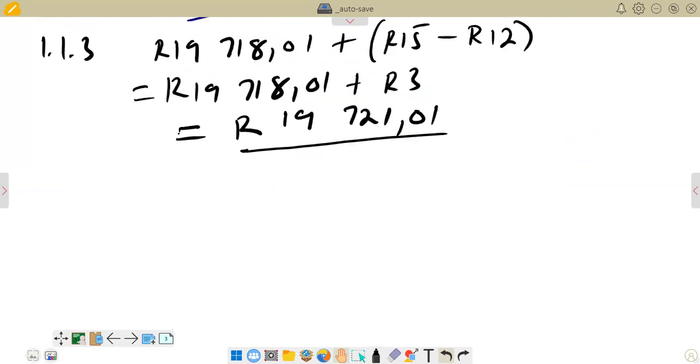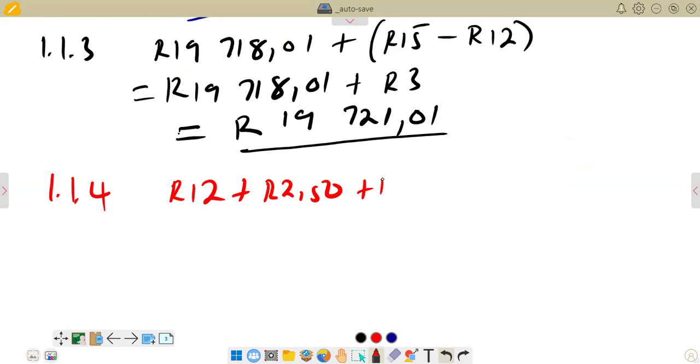whereby now we're saying 1.1.4, we are just summarizing the addition part, which is saying 12 rand, add your 2 rand 50. We are also going to add your 2 rand 50, and add your 1 rand, and finally we add your 2 rand 50.